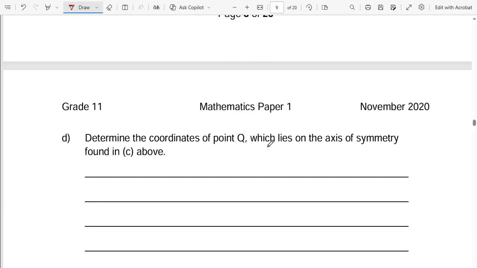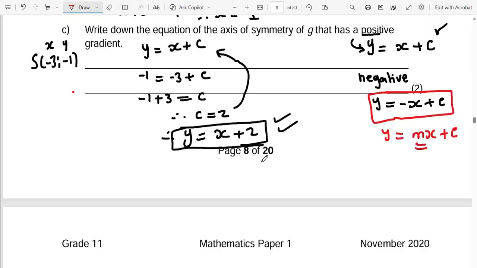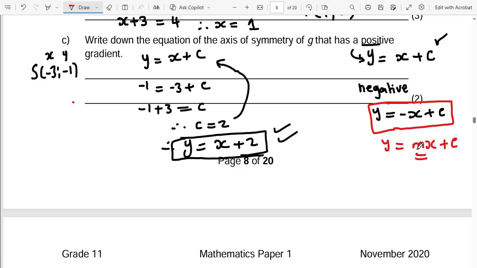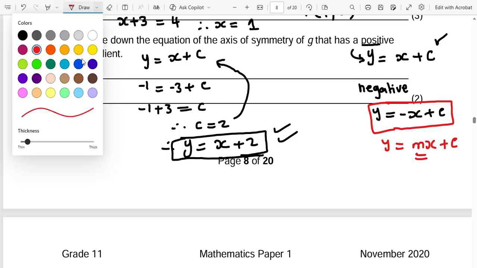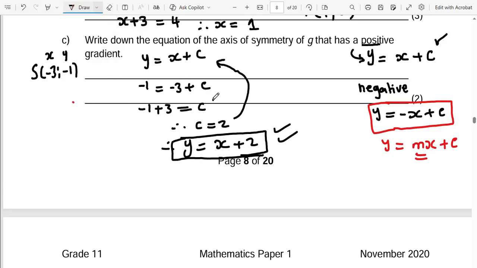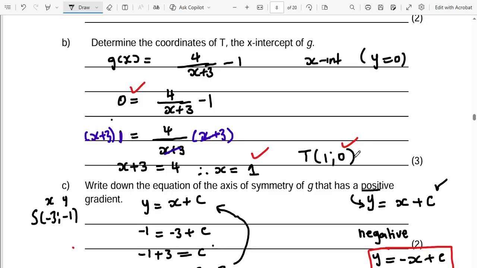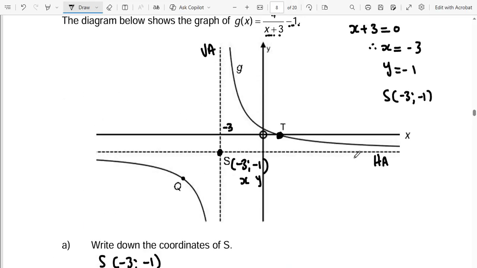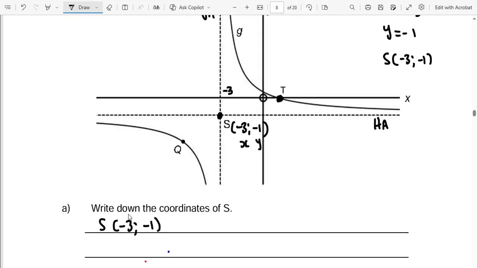Okay, next question. Determine the coordinates of point Q, which lies on the axis of symmetry found in C. So point Q, if we are looking at the positive axis of symmetry, this tells you that it will have a positive gradient. It will look like this.